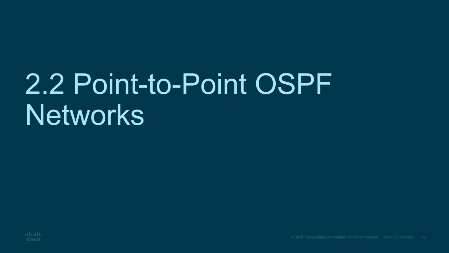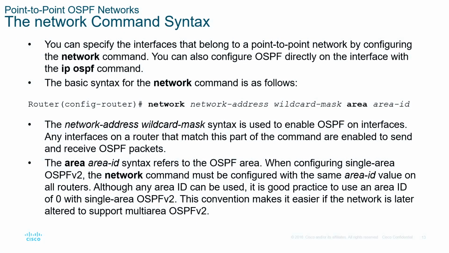Point-to-point OSPF networks. Let's talk about the OSPF network types. The first one of them is the point-to-point. What is a point-to-point network? There's only one start and one finish. You have how many routers? Two.